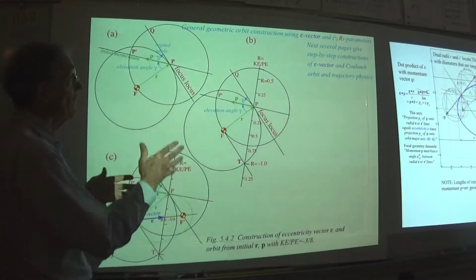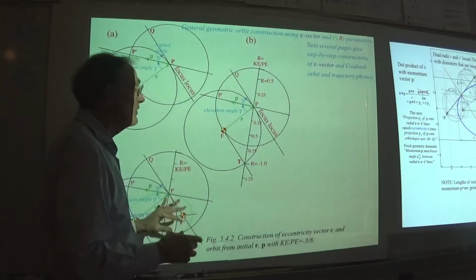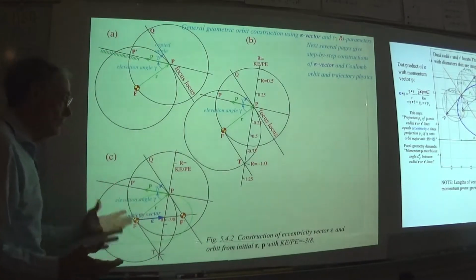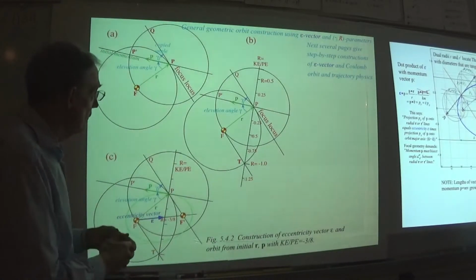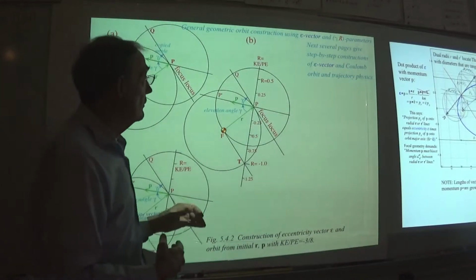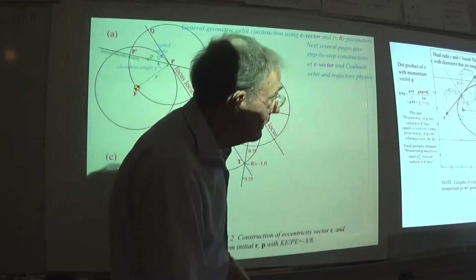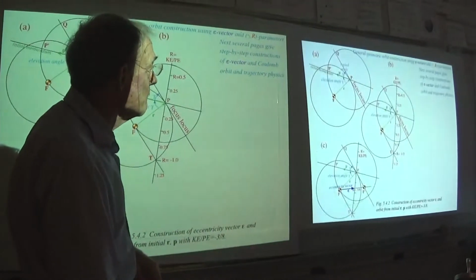The next several pages are going to go through just 1, 2, 3 steps, basically. Then we'll use analytical geometry of the ellipse and the epsilon vector to prove what we're talking about here. Okay, so let's get this queued up.